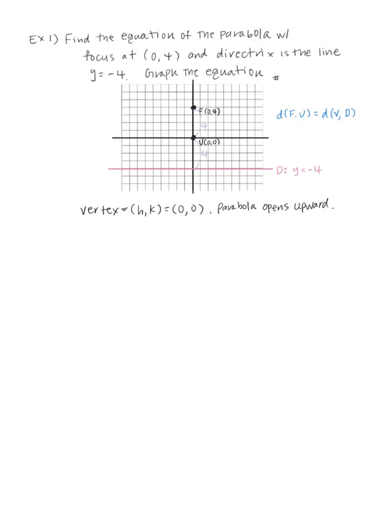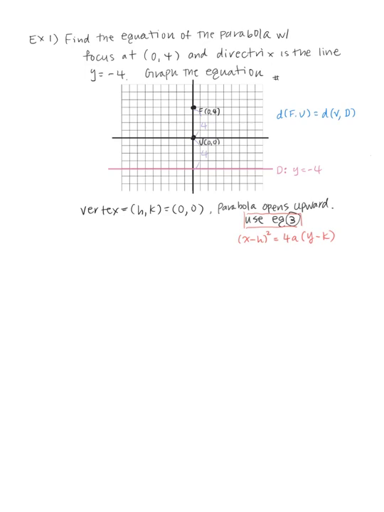If the parabola opens upward, look at the formula sheet, and we know for sure that we have to use equation 3, which is given by (x minus h) squared equals 4a times (y minus k). We already know that h and k are both zeros.